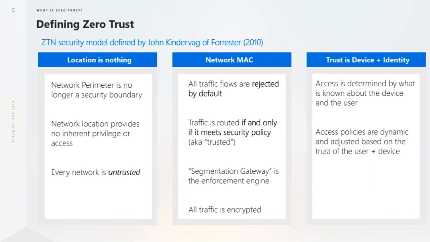So even if I send a TCP packet, it should be routed through this magic proxy or segmentation gateway or whatever you want to call it. And if I cannot identify the key policy elements, so identity and device trust, it's just dropped. There is no access to resources. That's a very big change from your conventional Windows network where I'm able to hop around on admin shares the second I get on the network and get a DHCP IP.